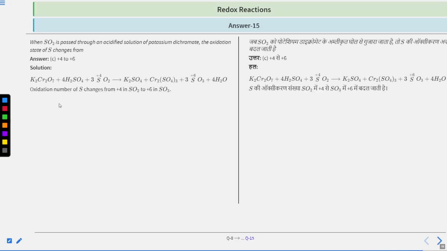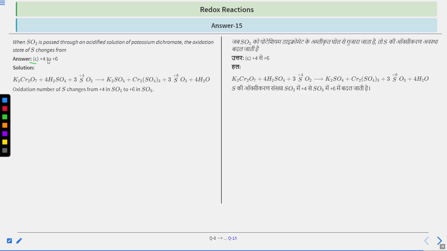Let's see. The correct answer is option C, that is the oxidation state of S changes from +4 to +6. So let's write the reaction. K2Cr2O7 potassium dichromate plus 4H2SO4 plus 3SO2, where S is in +4 oxidation state, will give us K2SO4 plus Cr2(SO4)3 plus 3 molecules of SO3 plus 4H2O.